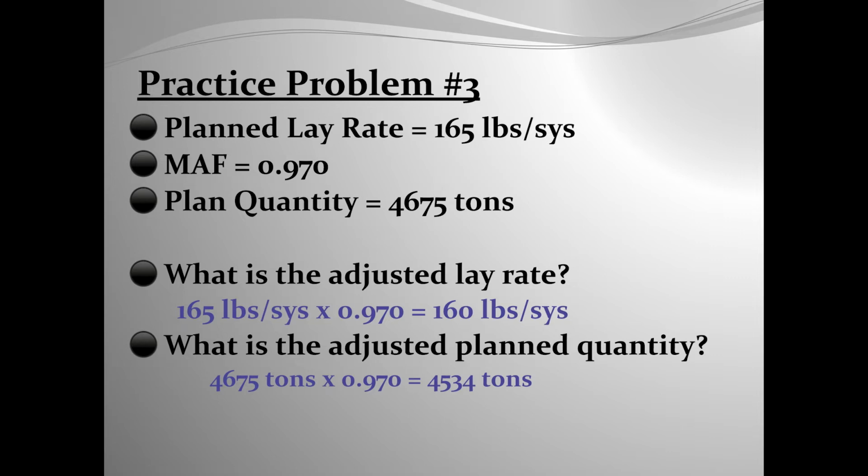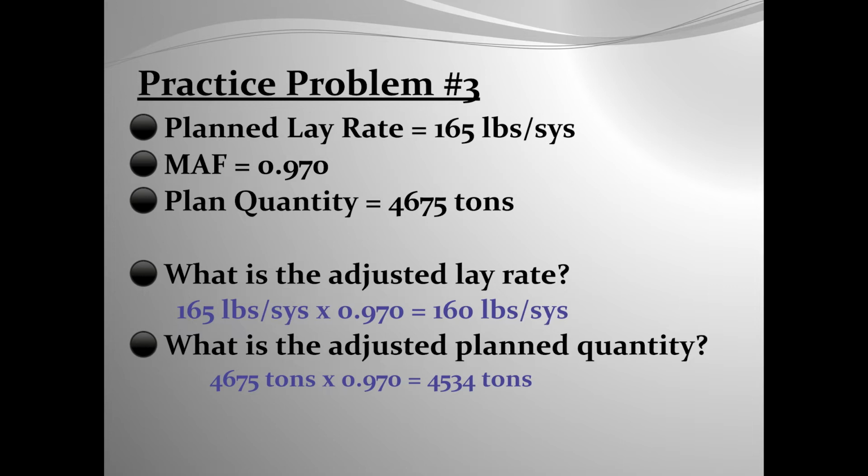What is going to be the adjusted lay rate as well as the adjusted planned quantity that you're going to need? Because MAF does come into play here, you're going to take 165 divided by 0.970. And that means your adjusted lay rate is that you're only going to be laying 160 pounds per square yard instead of 165.